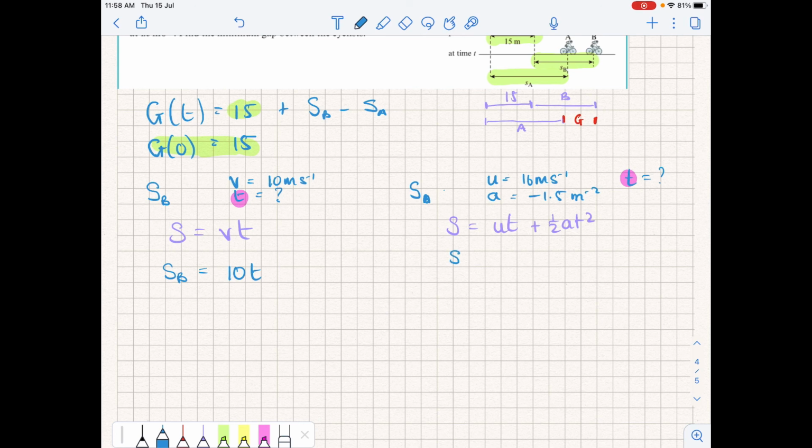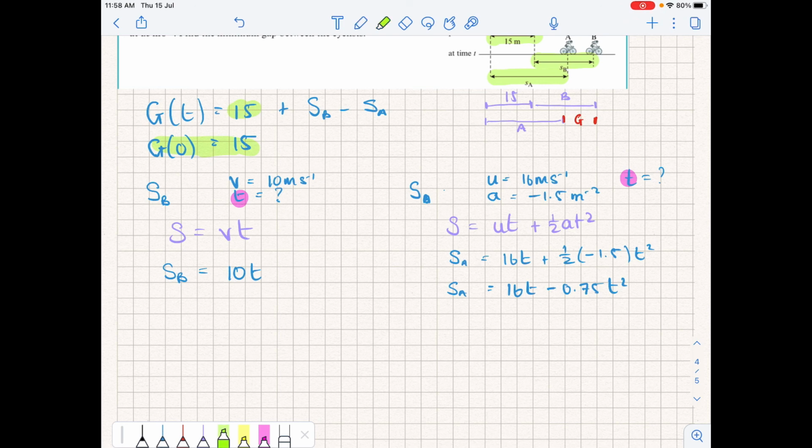We have displacement for cyclist A equal to the initial velocity of 16 meters per second times time plus a half, and we have minus 1.5 t squared. We can just tidy this up a little bit. We can get the displacement of cyclist A is equal to 16t minus 0.75t squared.